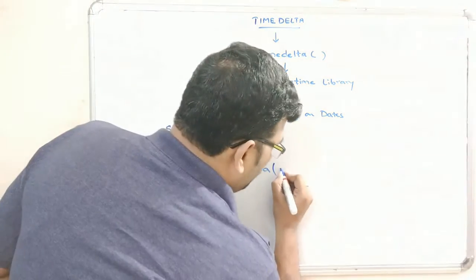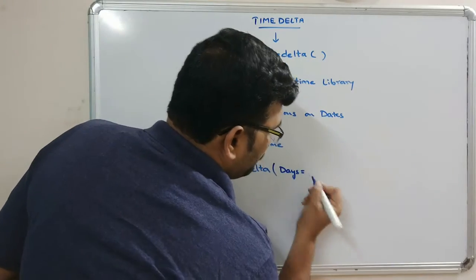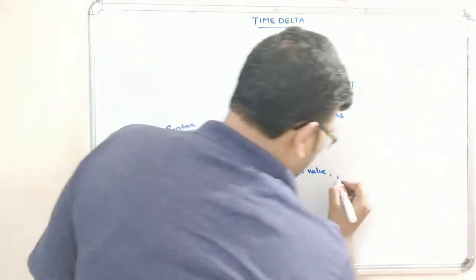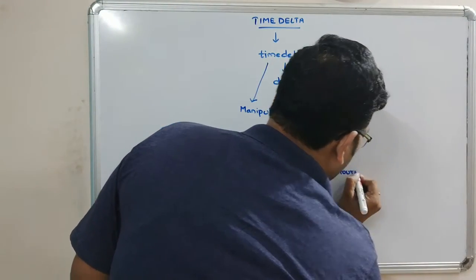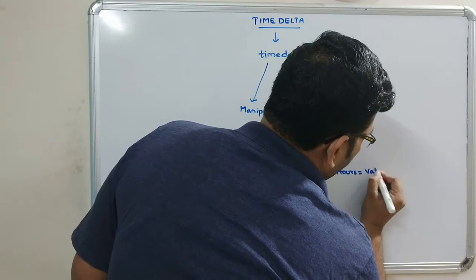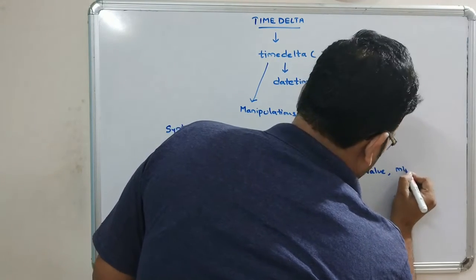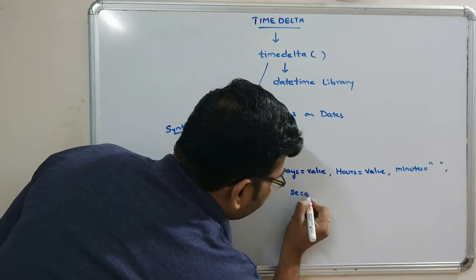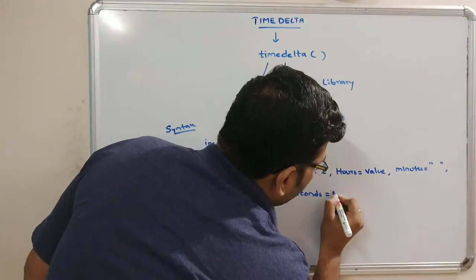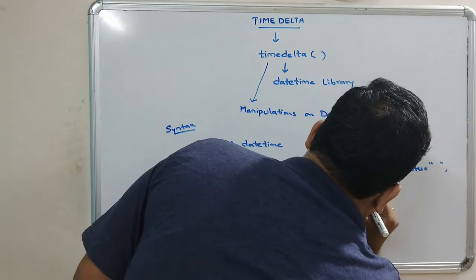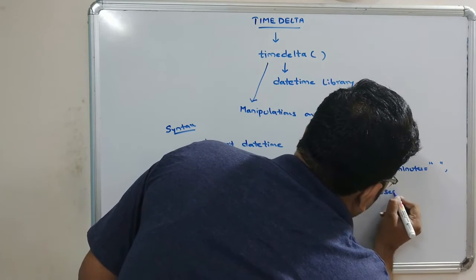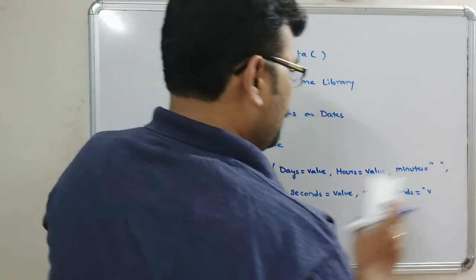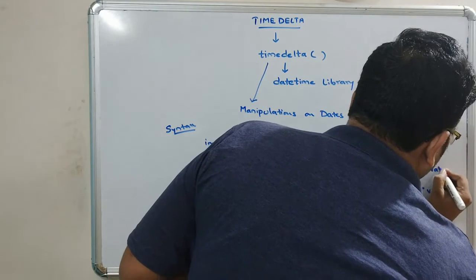Here, parameters: days, you can mention the value; hours, you can mention the value; minutes, you can mention the value; seconds, you can mention the value; microseconds, you have to mention the value.